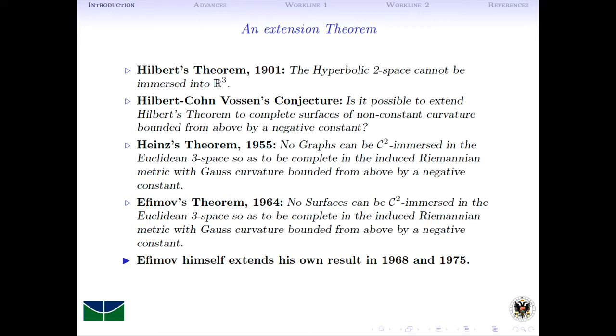It's interesting because he opened two new lines of work in order to extend this result, related to Hilbert's theorem. He opened a first line weakening the hypothesis, the conditions on the curvature, and another allowing a certain type of border in the surface.